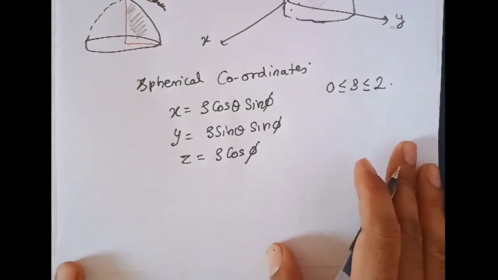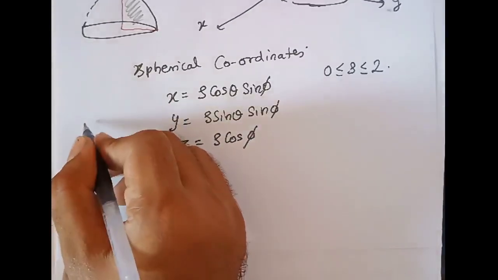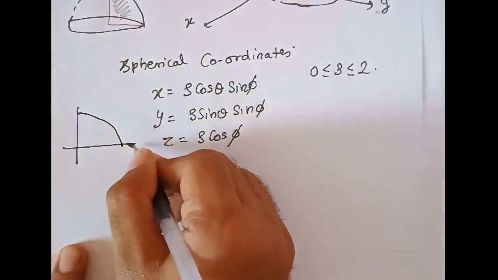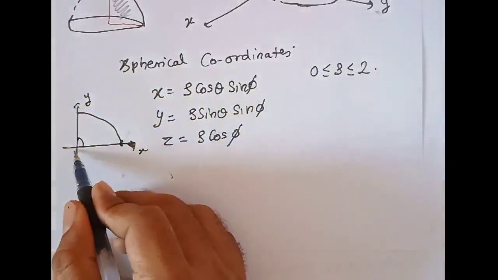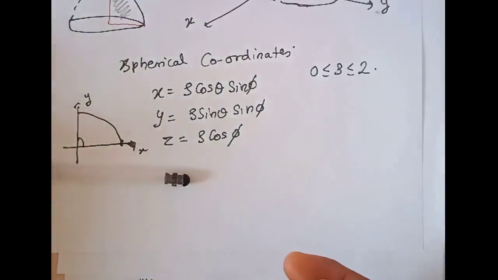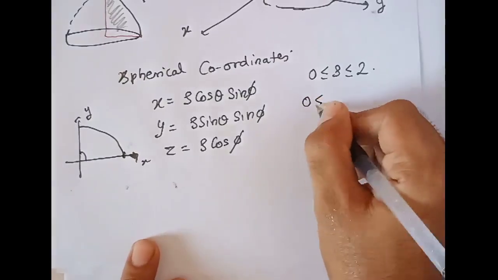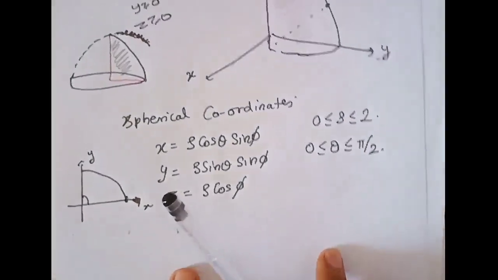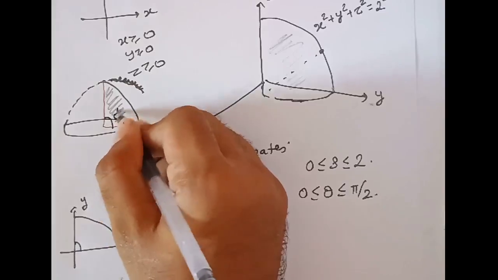Alright, so we need to determine theta and phi. On the xy plane we require this part, x and y, so theta varies from 0 to pi by 2. And for the z axis, this angle is phi.